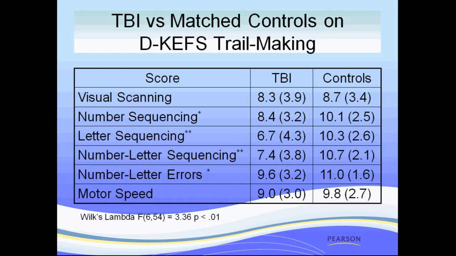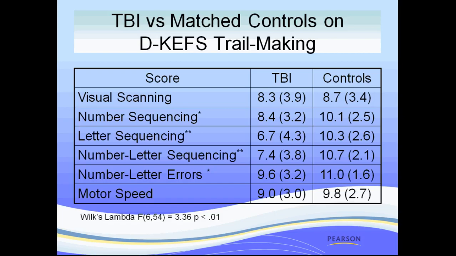How can we tell if they have executive function problems in this scenario? Well, we had already said earlier that processing speed, especially involving any kind of cognition, is going to be very sensitive to brain injury, and that's what we're picking up here in the letter sequencing. That's something that's really highly automatic in normal, healthy children. So if you're even slow a little bit, you're going to look really impaired.